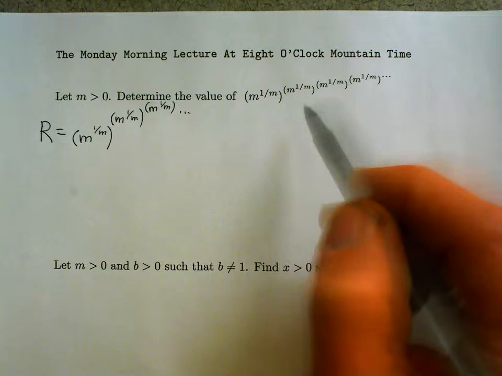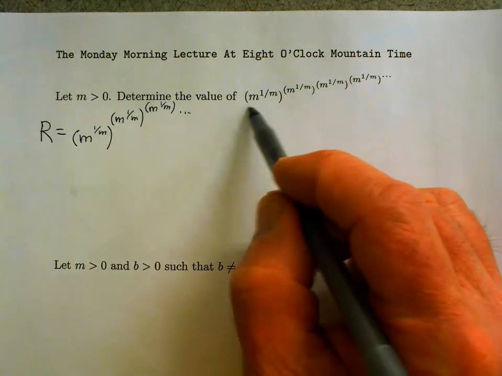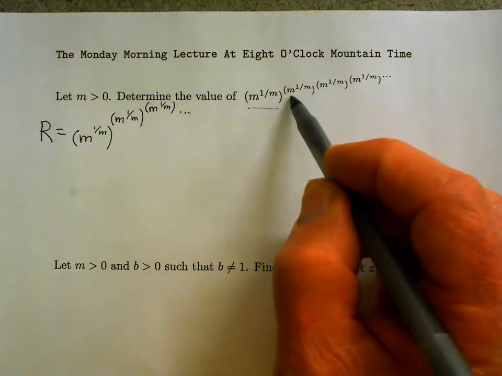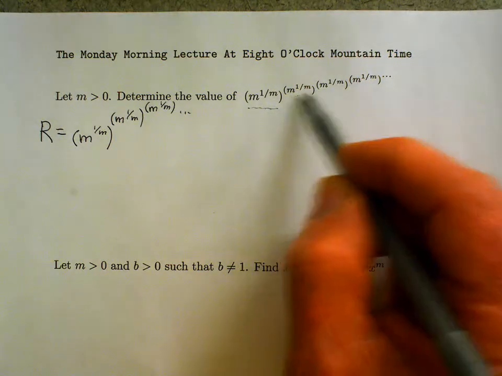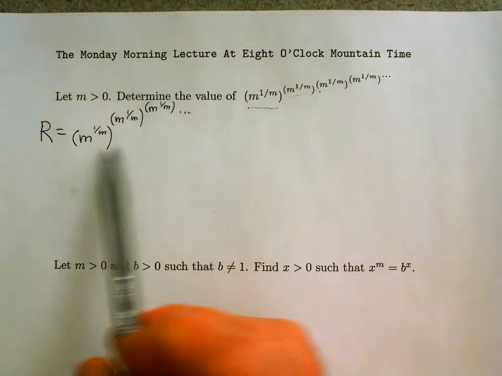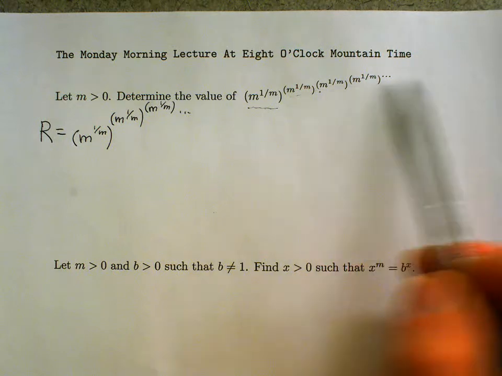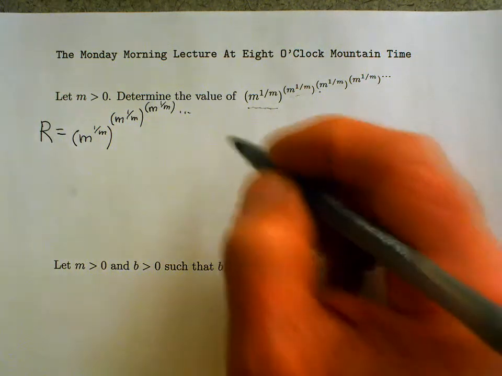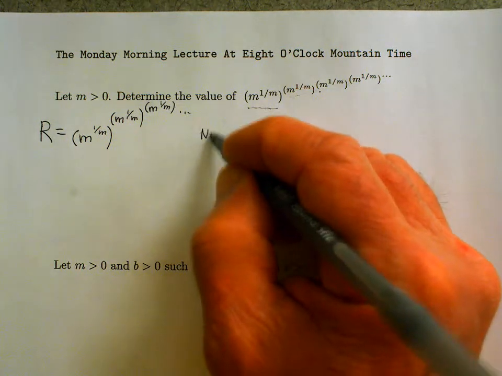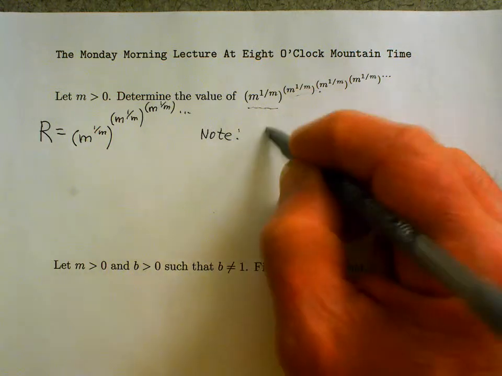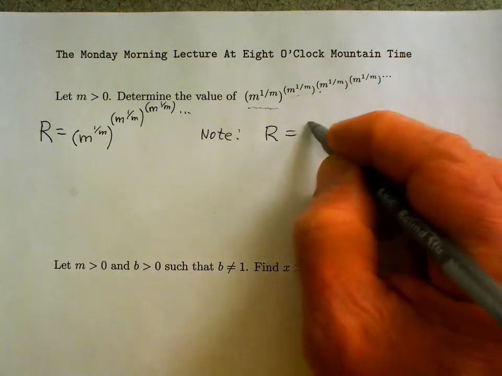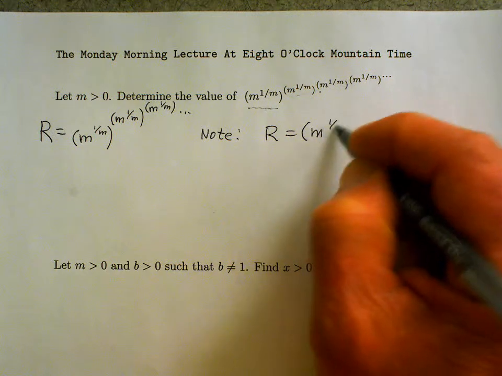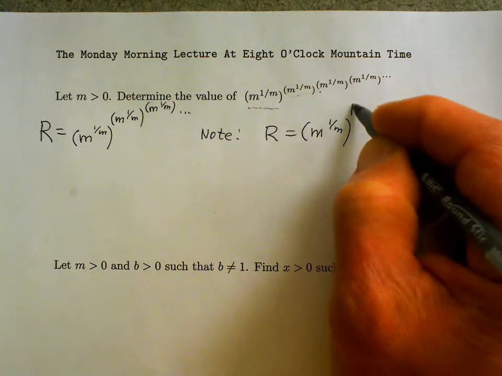But notice that after the first term, the following exponent is exactly the same as r, since it goes on forever. So we note that r is equal to m to the 1 over m raised to the exponent r.